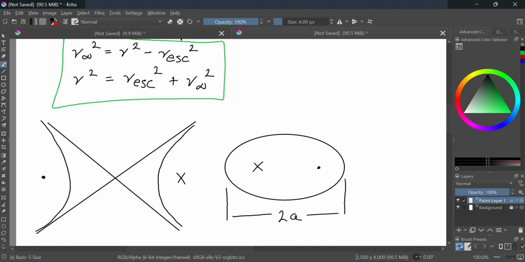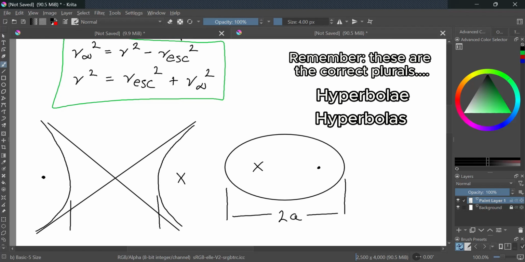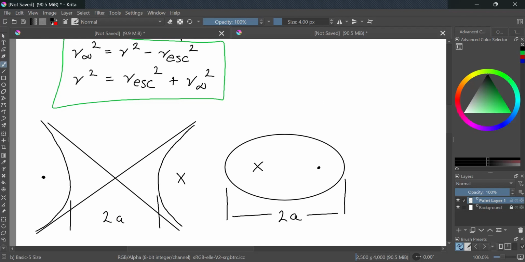In hyperbola land, oh, how do I want to describe this? The rightmost point, basically, the innermost points of both hyperbolas, if you take the distance between them, funnily enough, you will have 2 times the semi-major axis.